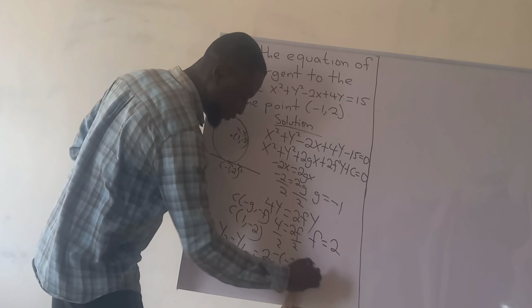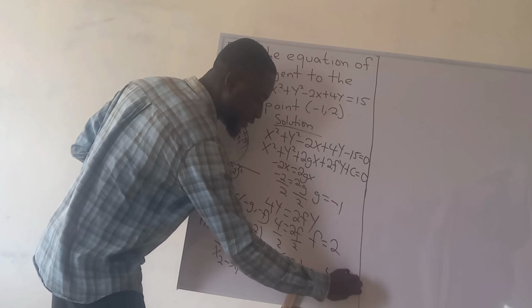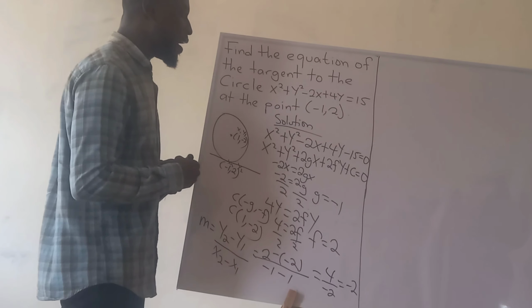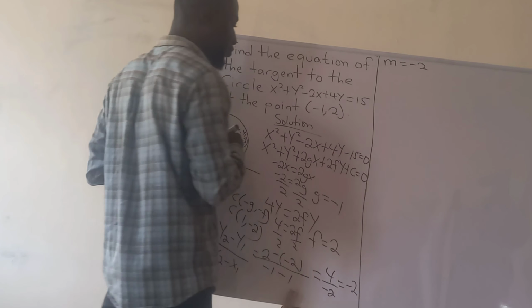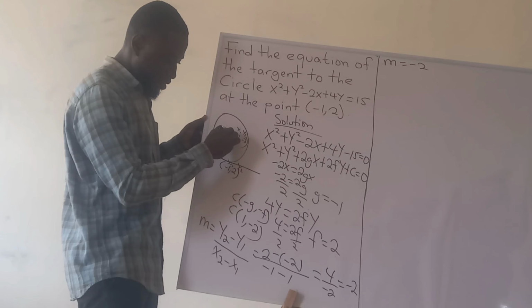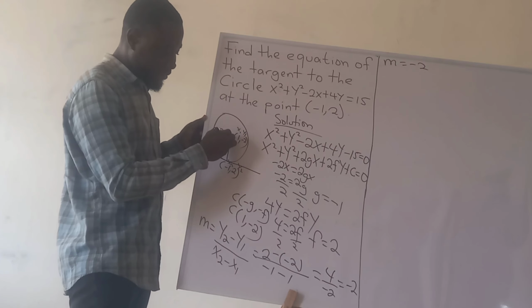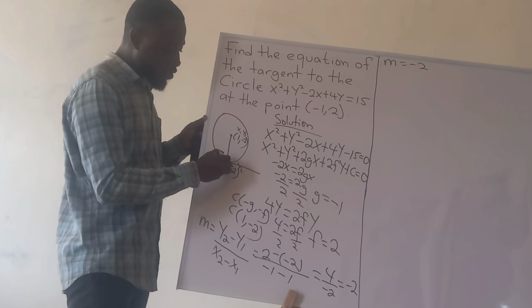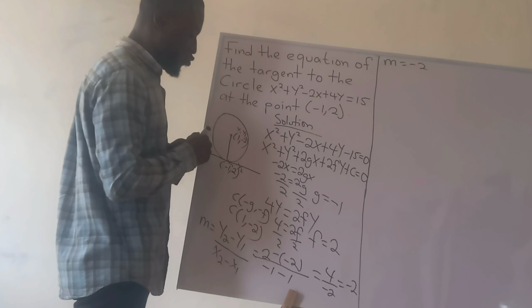So it will be 4 over -2, which in turn gives us -2. So our m is -2. Meaning from the center to the point of tangent gives us a gradient of -2.